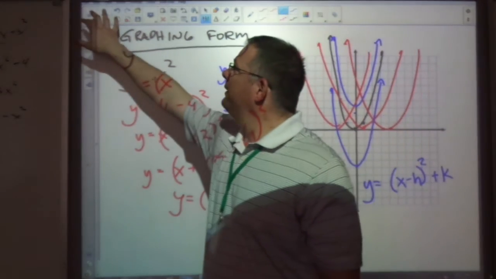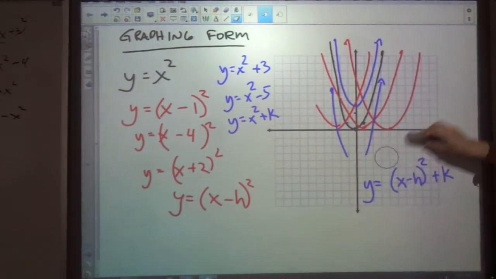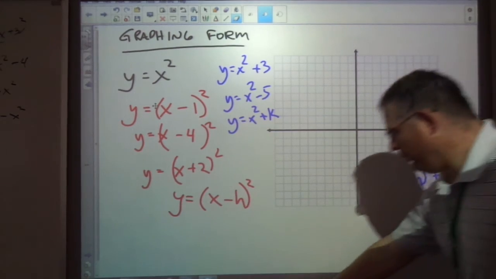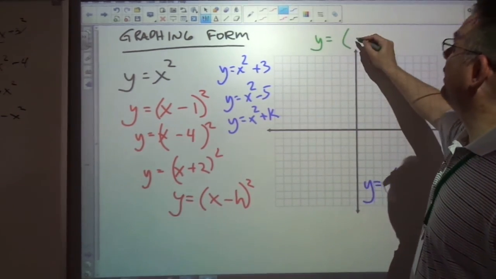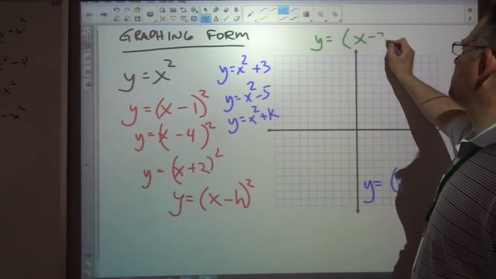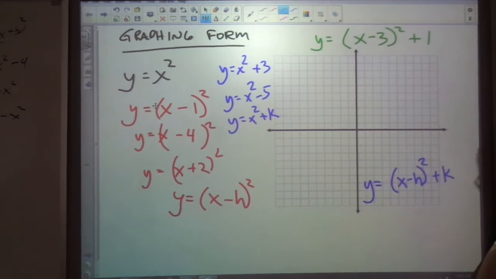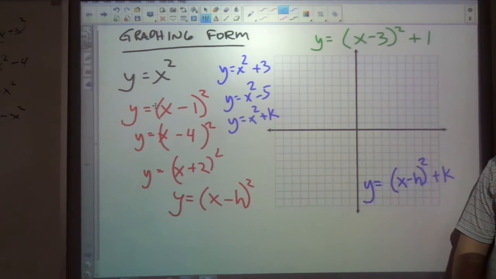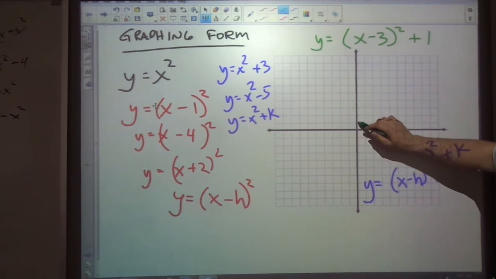So what if I erase all of this? And what if I just put out here, all right, let's figure out x minus 3 squared plus 1. What's going to happen then? It's going to go up 1, and then it's going to go to the right 3.